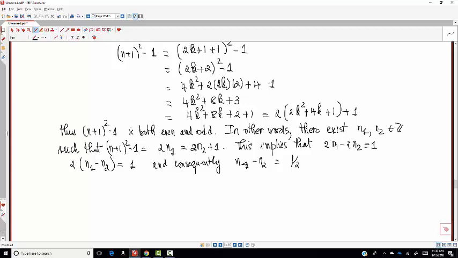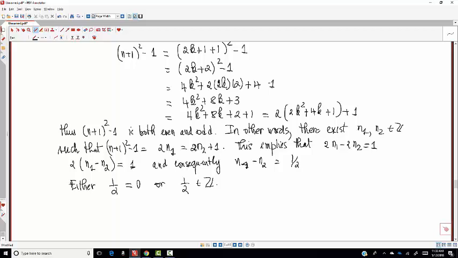There are a few possibilities here. If n1 is equal to n2, then this is going to be equal to 0. So either 1/2 is equal to 0, or otherwise, if n1 is not equal to n2, then 1/2 must be an integer.